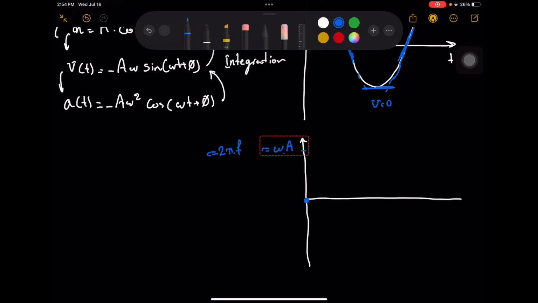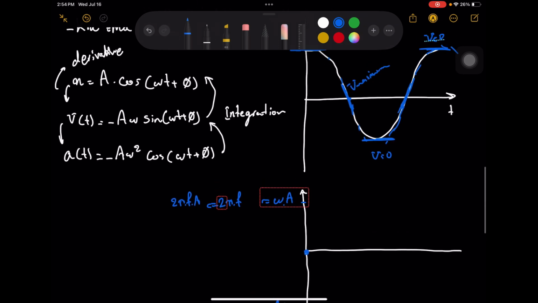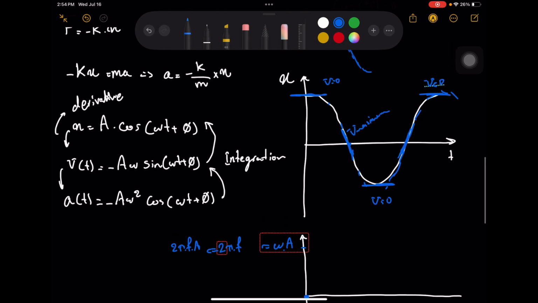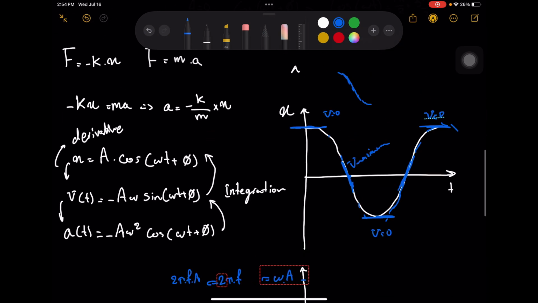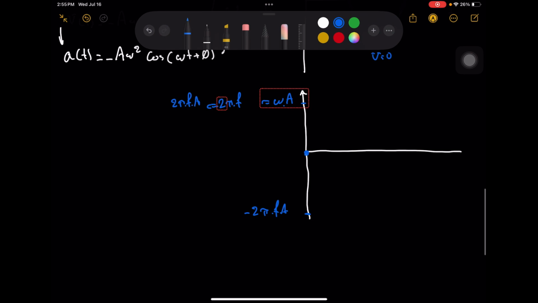So the point is 2 pi f A now, and this is negative 2 pi f A. We start at point 0, and we go down as I've just shown you. It goes down and it goes up again.